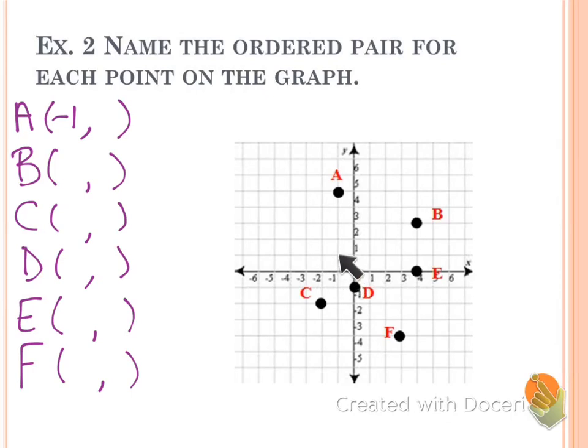To get up there, I would go up 1, 2, 3, 4, 5 times. So that point's location is -1, 5. I will give you a few minutes to try the rest of these points on your own before we fill in the answers.